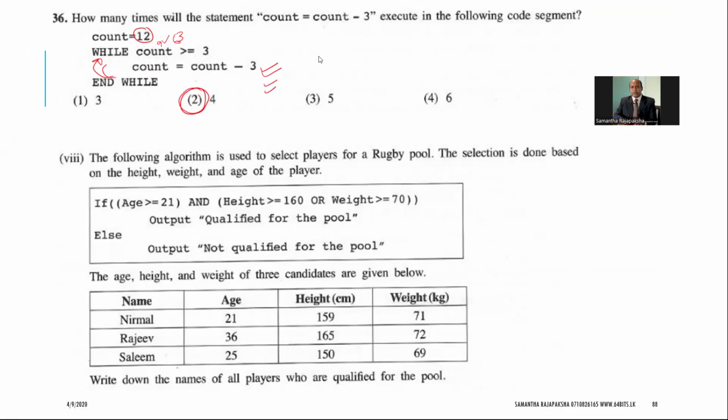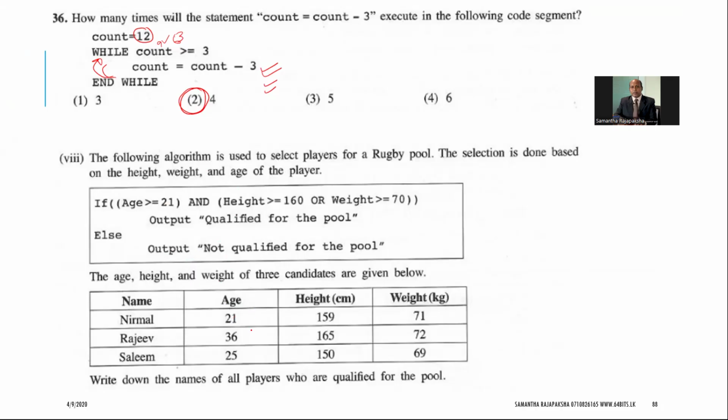Then the next one: the following algorithm is used to select the players for the rugby pool. The selection is done based on the height, weight, and the age of the player. That means you check whether the age is larger than 21 and height is 160 or weight is greater than 70. Based on that, you will qualify, otherwise not qualify. So when you take these children, one thing is age should be greater than 21.